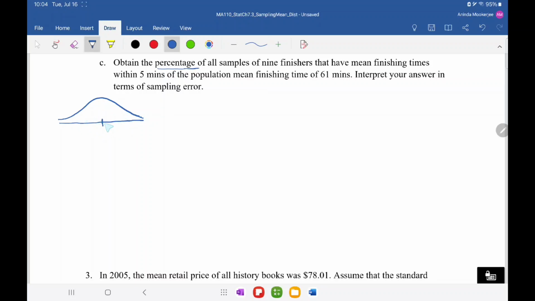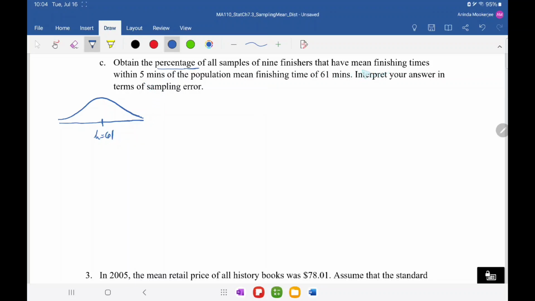Let's just work with a normal curve first. A normal curve will be depicted with actual values, and then we'll convert that to a z-curve, or what's called the standard normal curve. So the mean of 61 is going to be at the center.